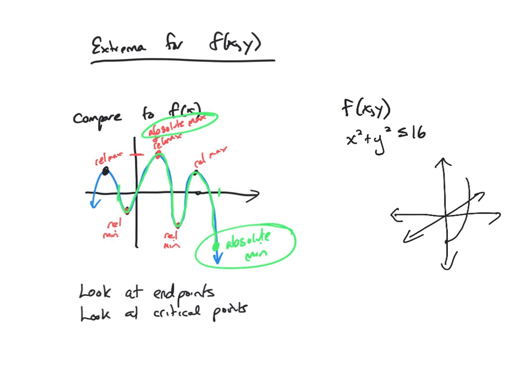Then I've got this paraboloid going up here and on forever and ever, right? Well, when I say x squared plus y squared is less than or equal to 16, what I'm doing is saying, suppose right in here this is x is 4, here's y is 4.